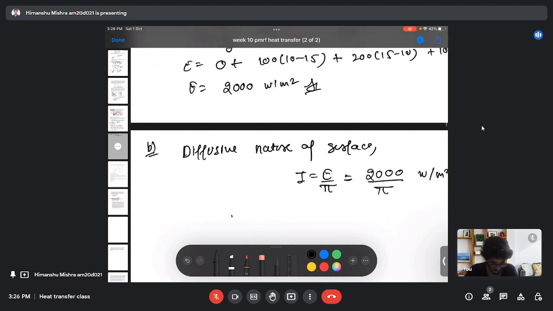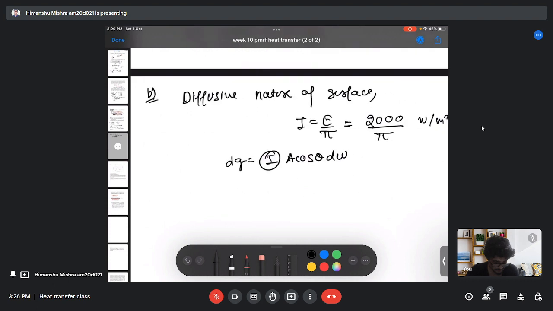In that case, we can use this relation to find the intensity. So this is for when the radiation is directionally dependent. The radiation emitted from the surface is directionally dependent.